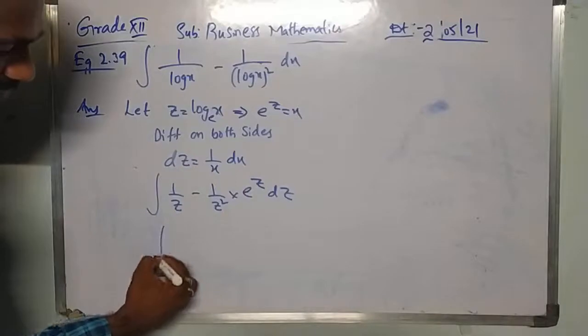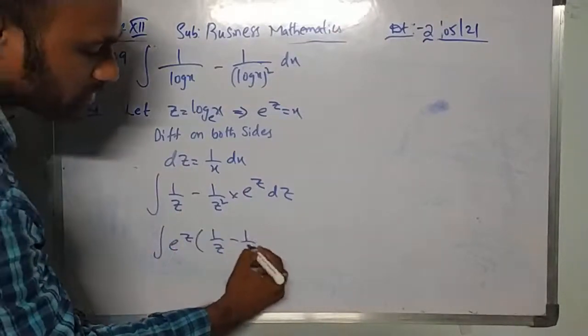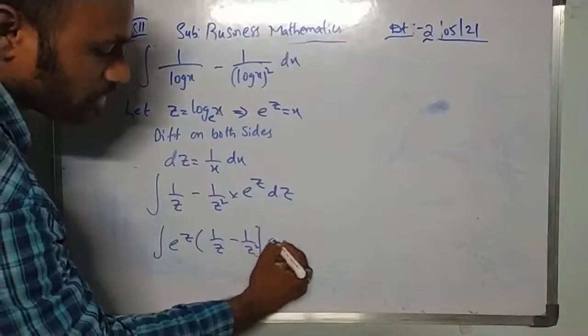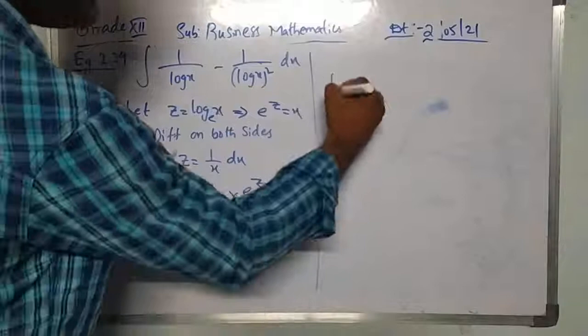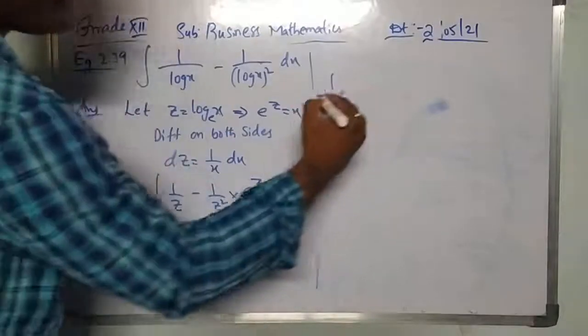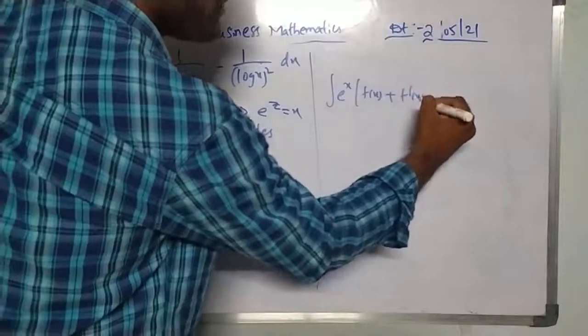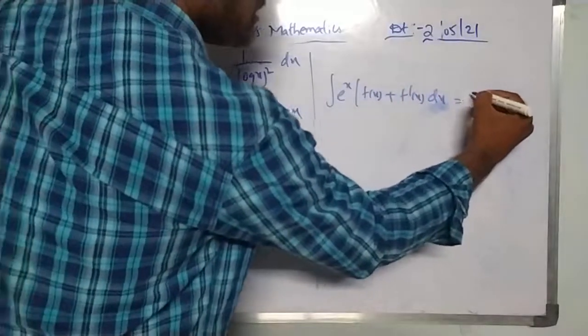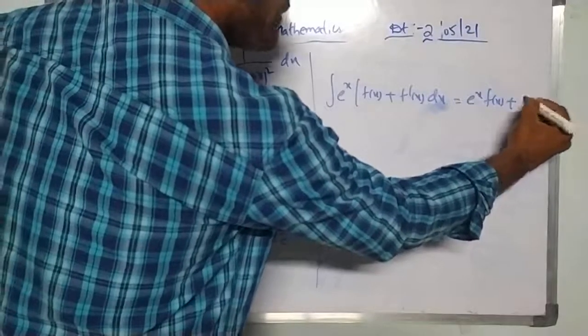Now this integral e power of z into (1 by z minus 1 by z square) dz. Now it is in the form of integral e power of x into (f of x plus f dash of x) dx is equals to e power of x into f of x plus c.